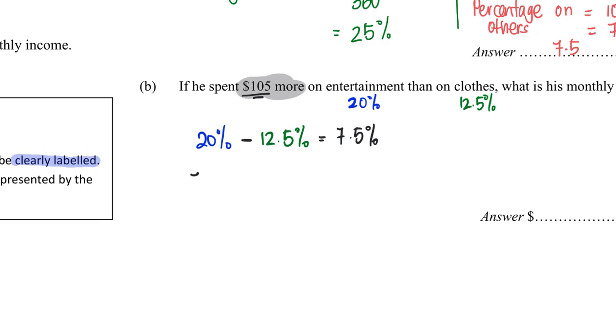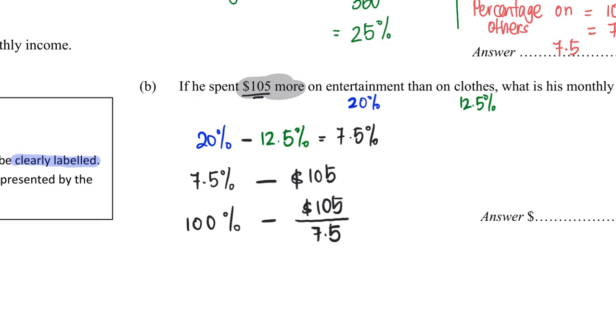So now I know 7.5% is represented by $105. So I will have to find my 100%, where I will first divide by 7.5 to find what is 1%.